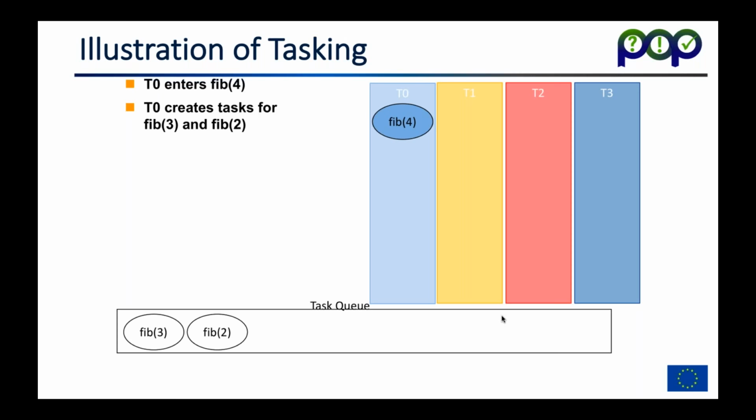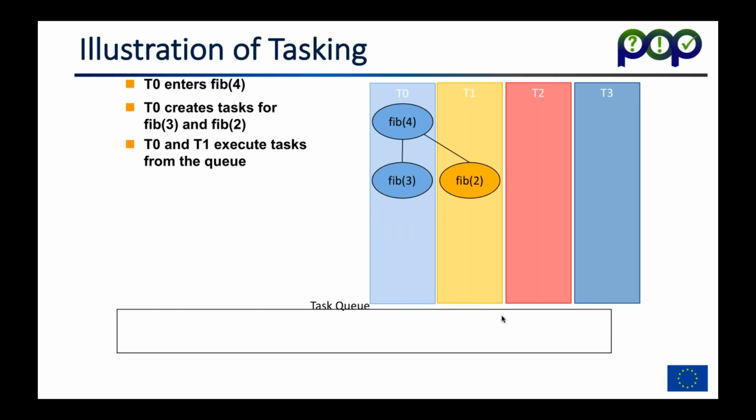Now you have a task queue with 2 tasks in it, and you have threads which are waiting in the barrier. So what can happen now is that these tasks are taken out of the task queue by any of these threads. Of course, instead of idling in a barrier, it's more useful if there is real code to execute, which are the tasks here, to really compute some useful results.